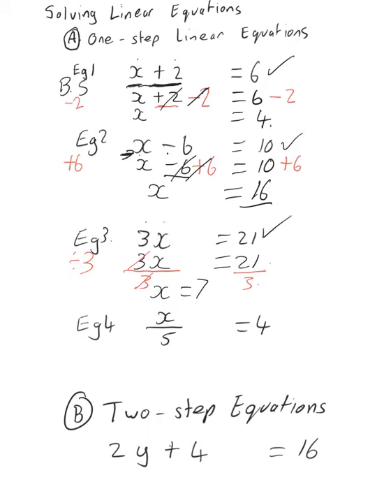Now the last example of the one-step equations is when we are dividing. The inverse of dividing is multiplying. So to both sides, we need to multiply by 5. So we'll put times 5 up here. This time I haven't rewritten the problem, but that's okay. Times 5 there, times 5 here.